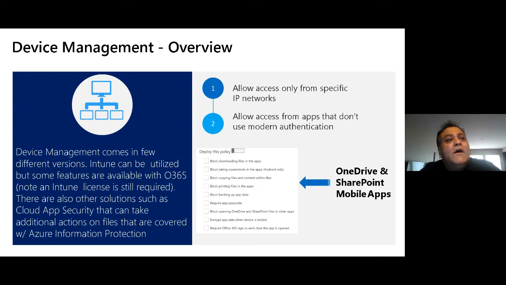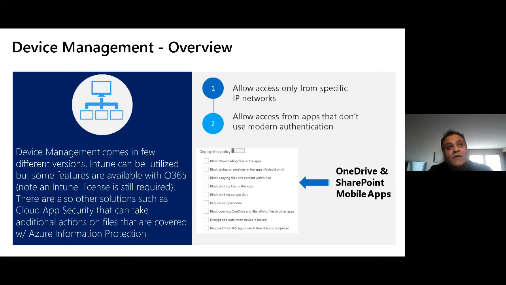Device management. In the old days, everybody used to be issued a company laptop. You used to have to VPN in, and that was the only way you could get to your SharePoint site. Well, those days are gone. That's the entire purpose of moving to the cloud.